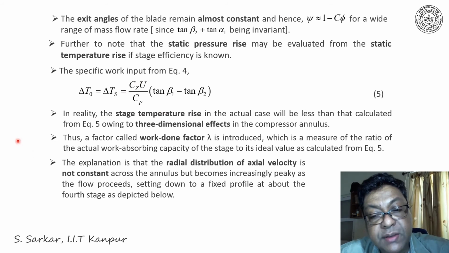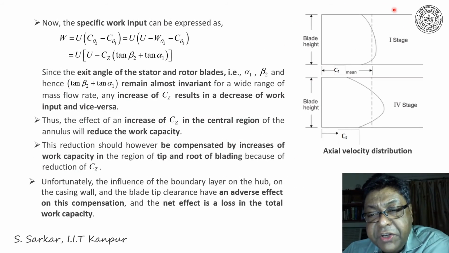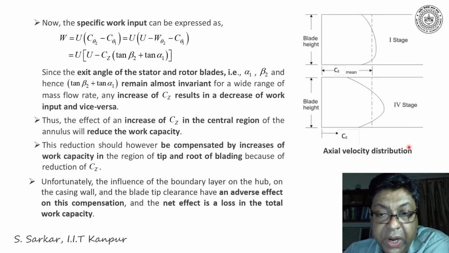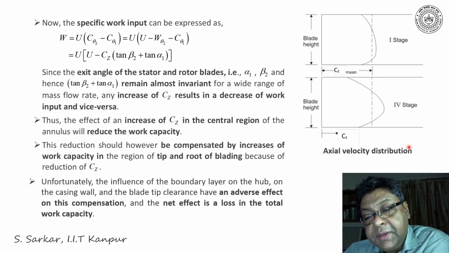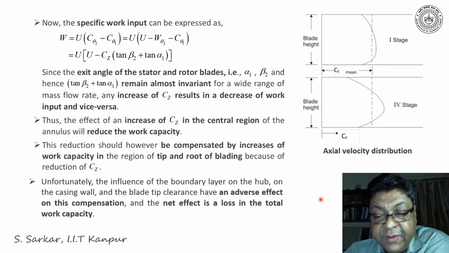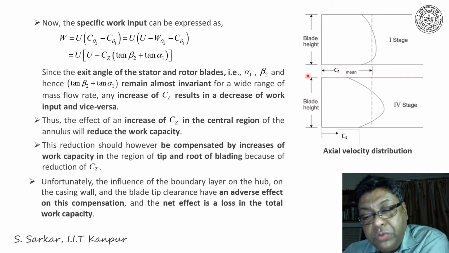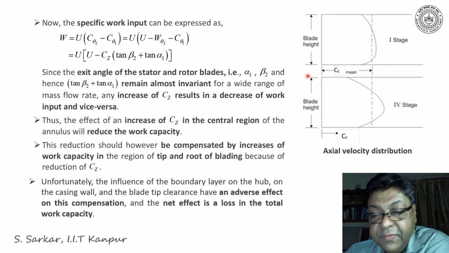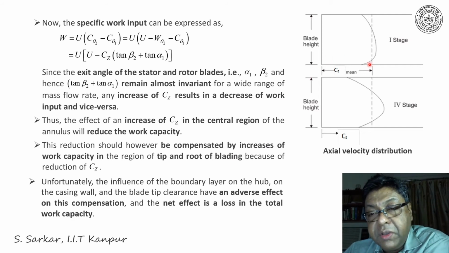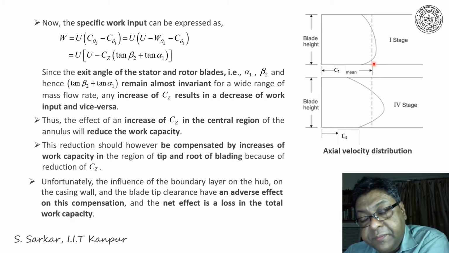to take care of the effect of three-dimensionality within the annulus. The axial distribution of velocity has been illustrated here. Please note that the boundary layer will grow on the hub and the casing, and thereby the velocity in the annulus would not be constant.